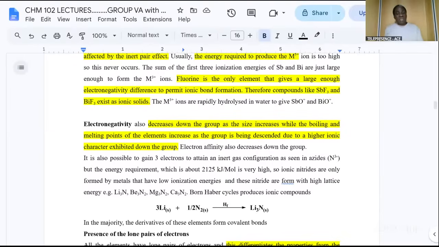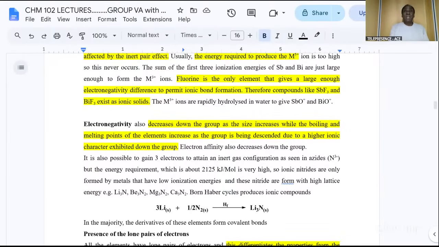Electronegativity decreases down the group. Electronegativity does what? Decreases down the group. Why? Because size increases. Okay? Electron affinity also decreases down the group. Electron affinity decreases because with large sized elements, they have a higher tendency to lose their electrons.